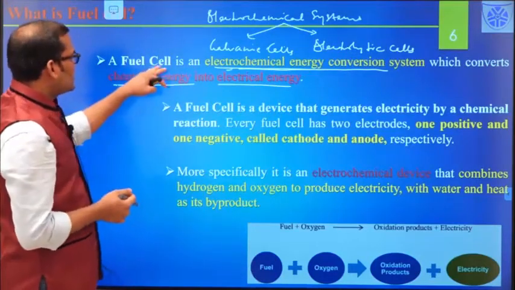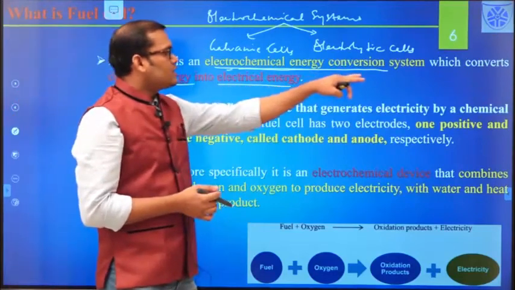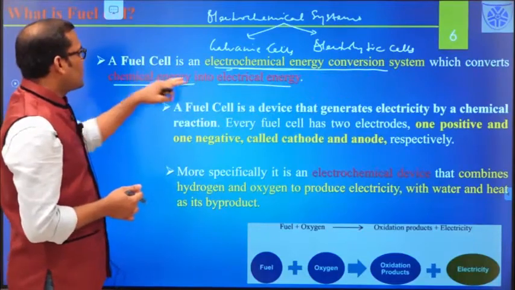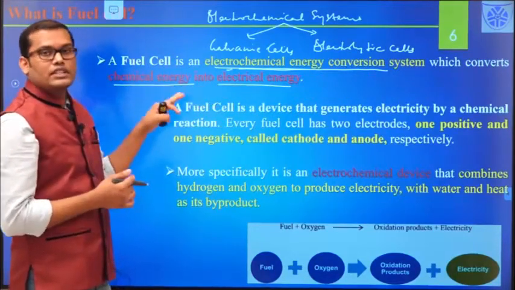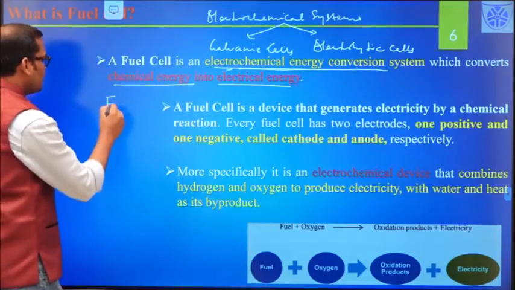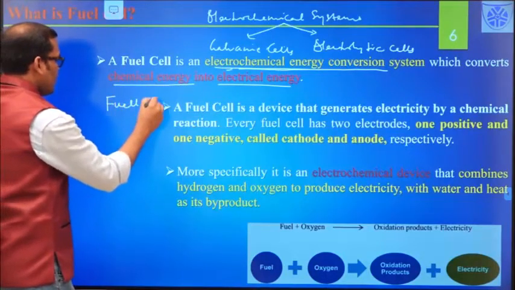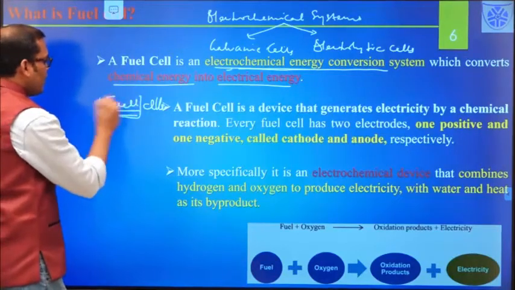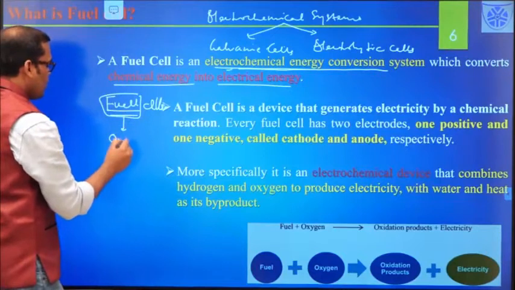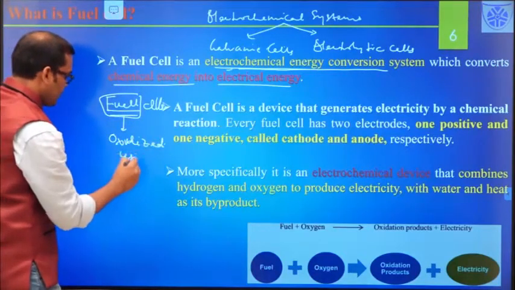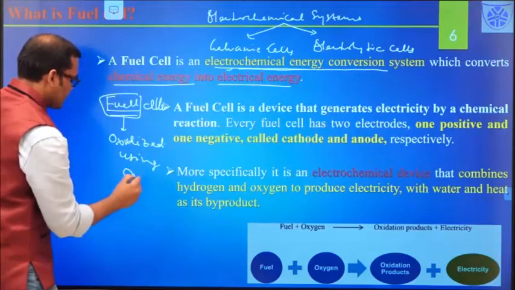So the fuel cell is an example of electrochemical energy conversion system, or you can call it a galvanic system, right? So which converts the chemical energy stored in the fuels and oxidants. So basically fuel cell means you need a fuel, so that fuel needs to be oxidized using an oxidant.